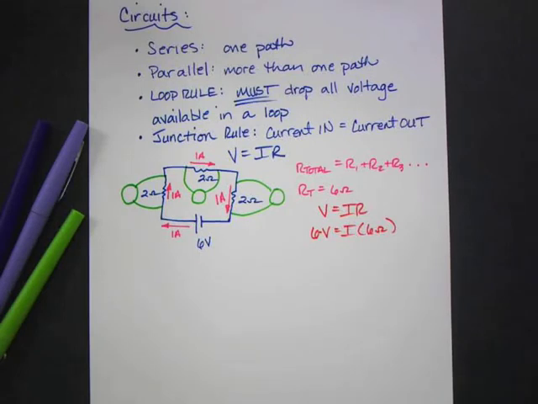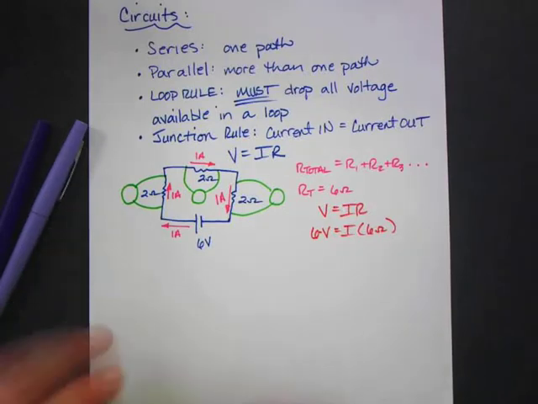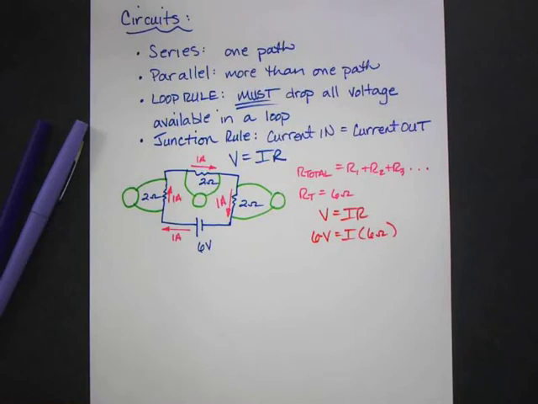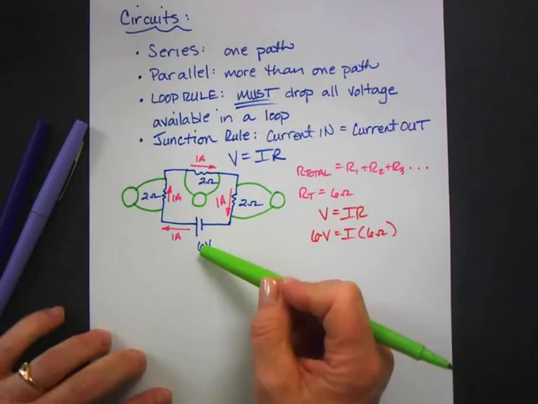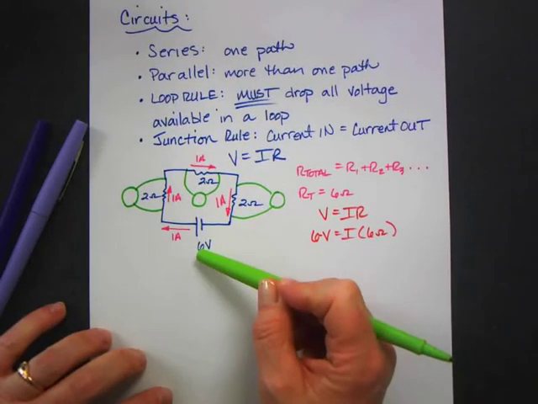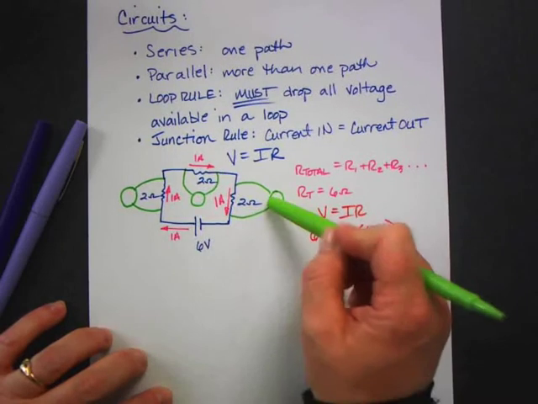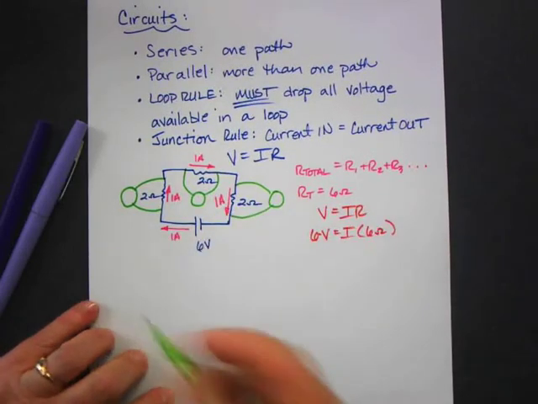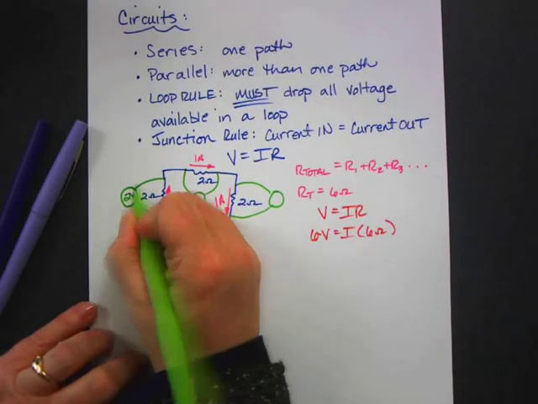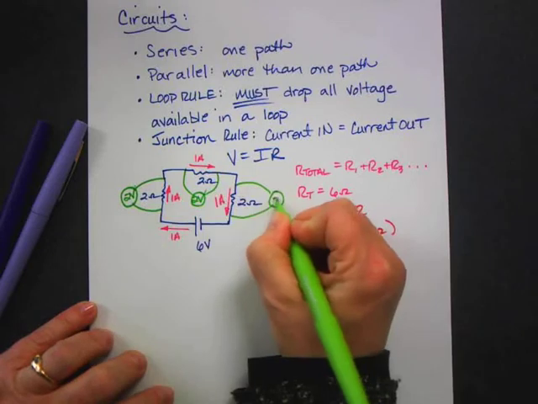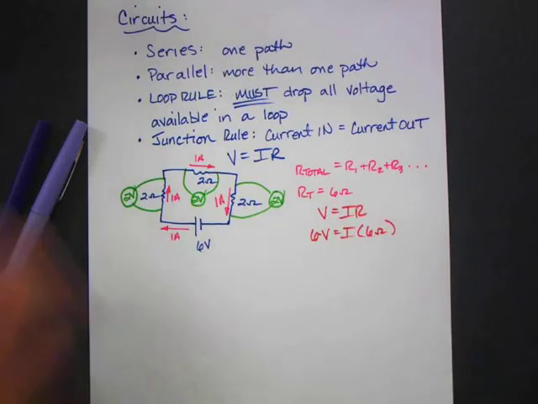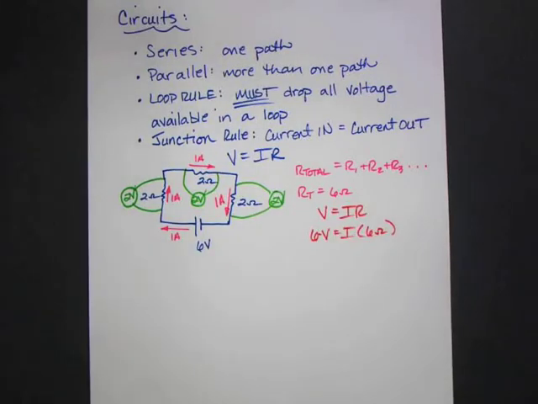It's like you're testing to see how much voltage is being dropped, or you can kind of think of it like sucked up or used at each appliance. Now these are nice and even, so I can evenly split the voltage. If I have 3 even resistors, 3 goes into 6 how many times? 2. So we're going to use up 2 volts each, and then we're going to double check it.